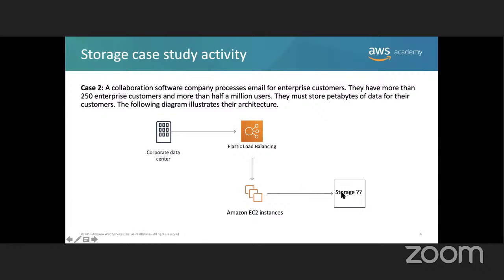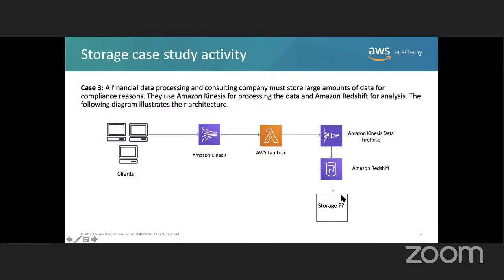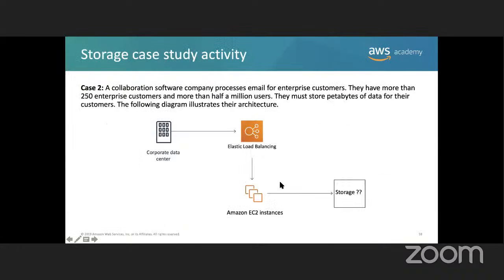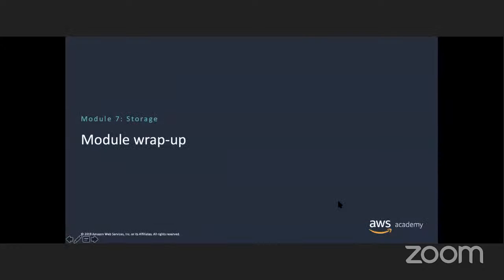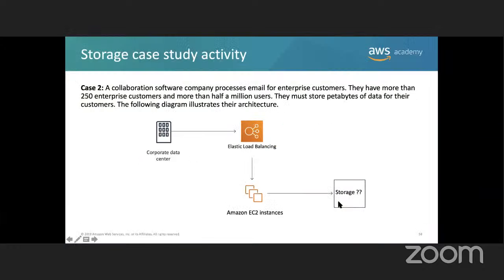So the case for this, it could be EBS as well, because they can store a lot. EBS can store a lot, okay? In the case that we have more EC2 instances and more availability zones, probably we can think about EFS, since it is a shared file system.